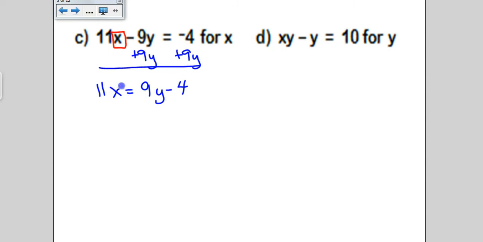And then again, remember we're trying to get the x by itself. So in order to do that, I'm going to go ahead and divide both sides by 11. I'm going to divide every single term individually by the 11. And I'm going to end up with x equals 9/11ths y minus 4/11ths.